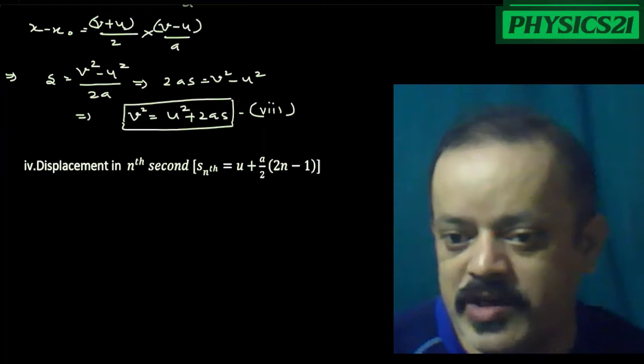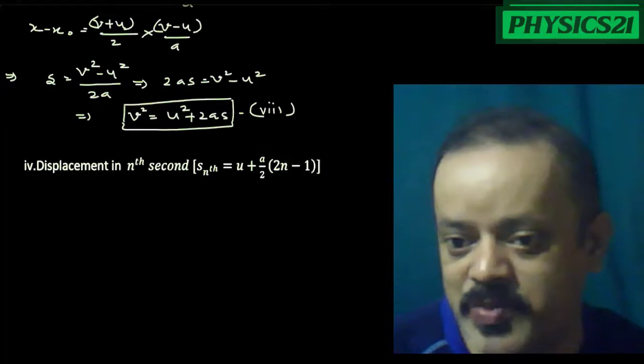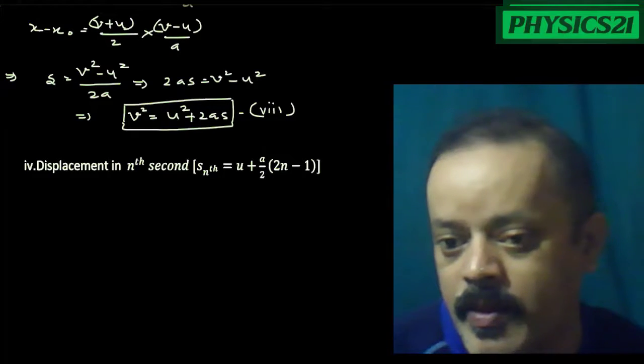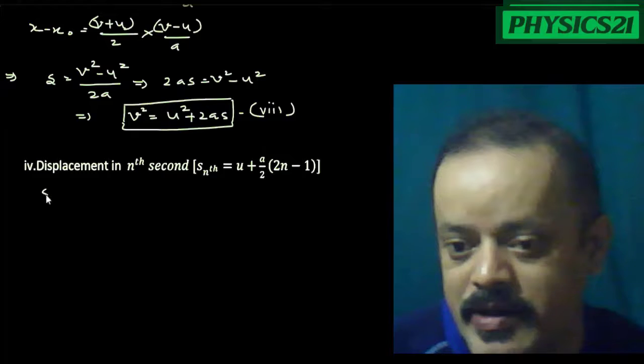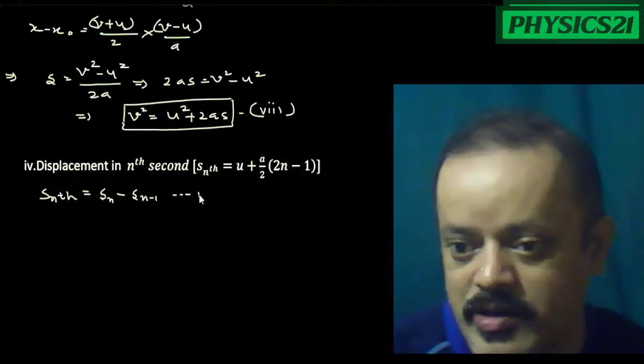In the fourth equation of kinematics, we will derive an expression for displacement in nth second, which is given by s_nth equals u plus a by 2 in bracket 2n minus 1. So to derive this expression, displacement in nth second, s_nth, equals displacement in n seconds minus displacement in n minus 1 seconds. This is equation 9.